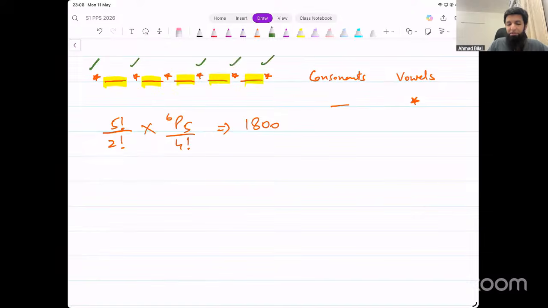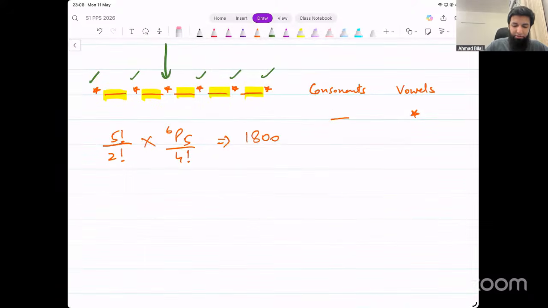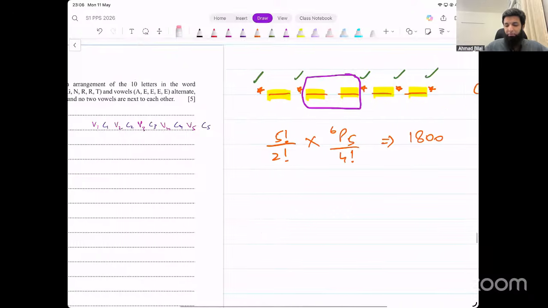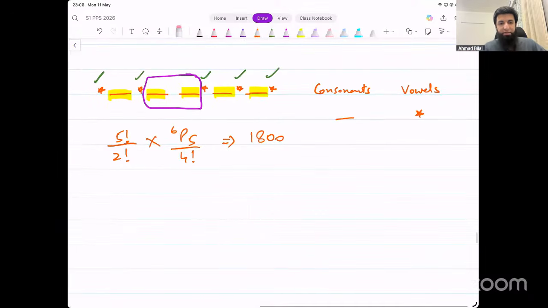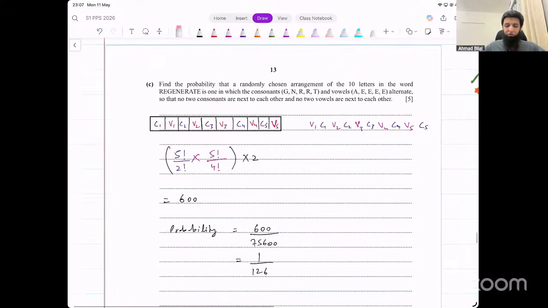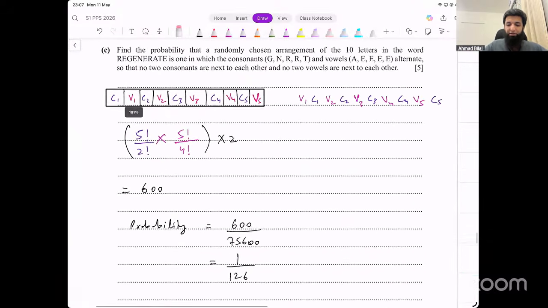That means there's no vowel in this position. So there's no star here. And that's a problem because now we have two consonants coming together. And that does not satisfy this condition that they have to alternate. So the dashes and stars method in this case is not going to work because there's a specific arrangement that they have told you about, that they have to alternate. So we'll have to consider that exact arrangement.